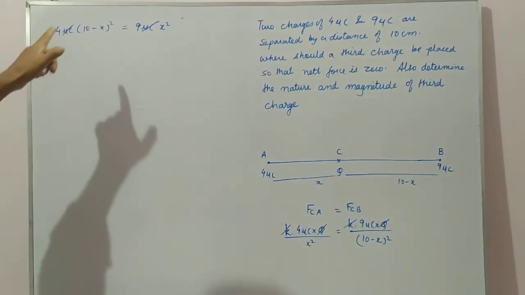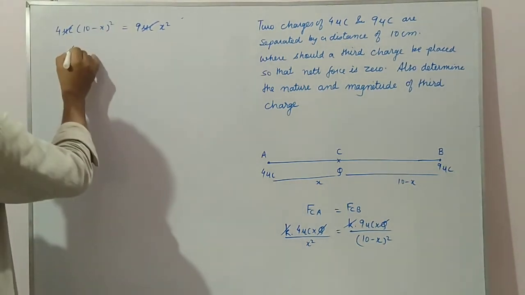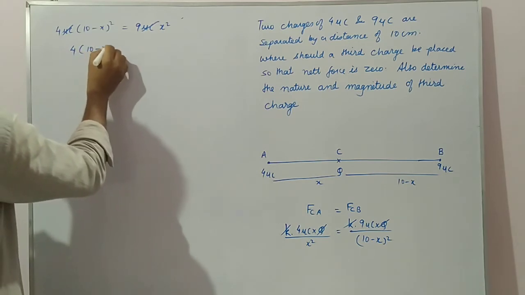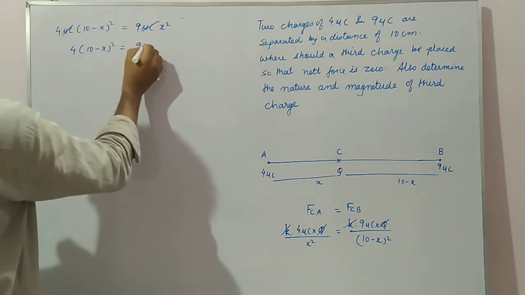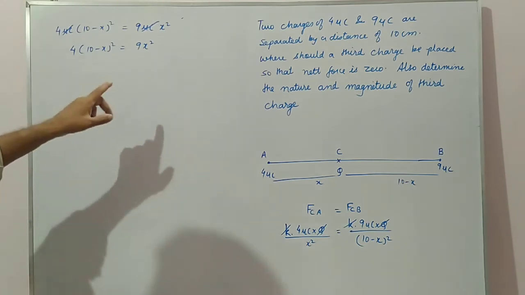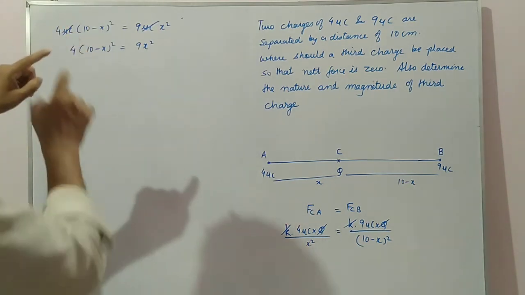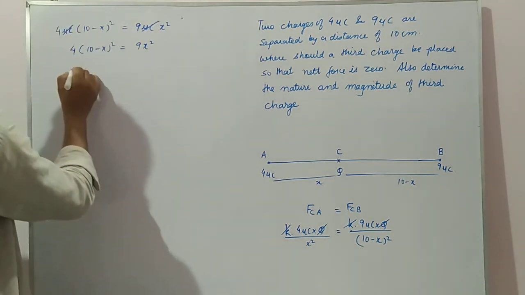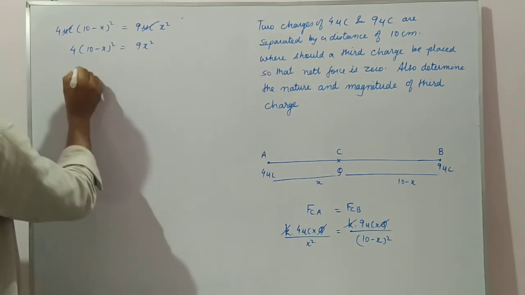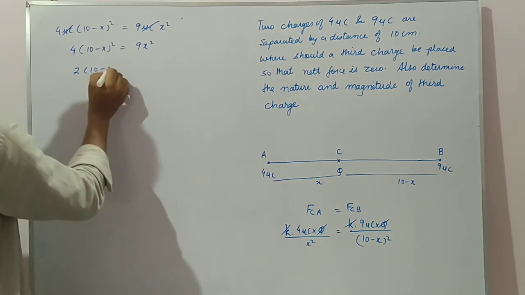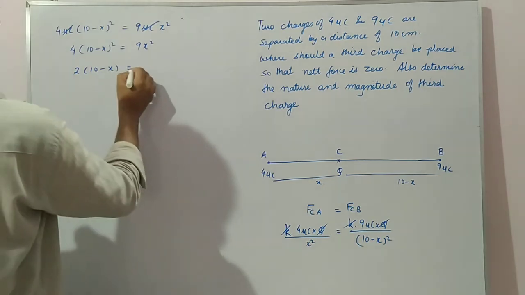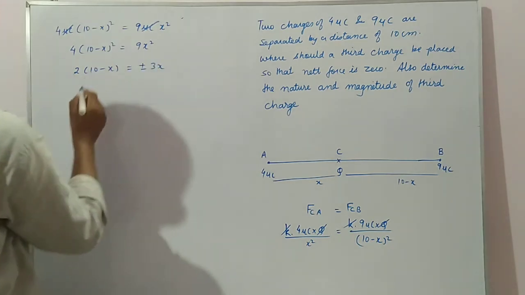Now here, don't break this one. See here. 4 into 10 minus x the whole square equal to what? 9x square. Whenever you are getting this, don't break this one, just find the square root. So you will get 2 into 10 minus x equal to plus or minus 3x.